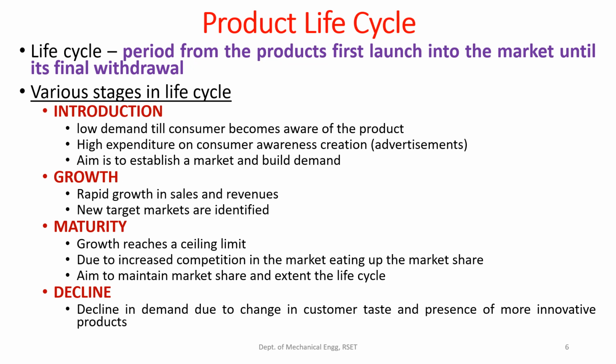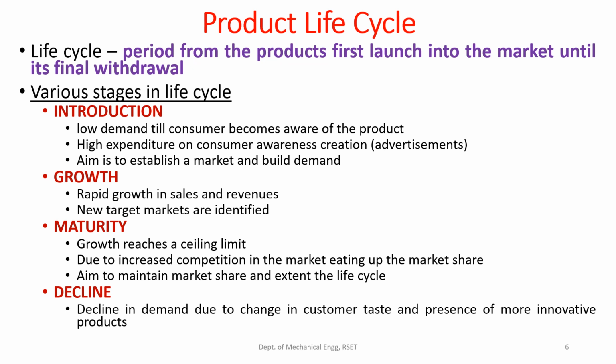Now the second stage, called the growth stage, is where you see a rapid growth in product sales and sales revenues. So this is a stage where consumers become aware about the product and they develop a liking for the product and buy them in large volumes.